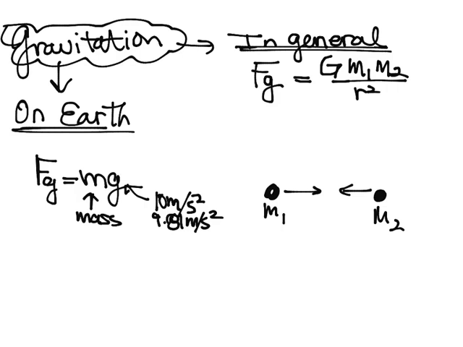As you might guess, r is just the distance between them. m1 and m2 are the masses, and G is this horrible number, but you'll come to know and love it.